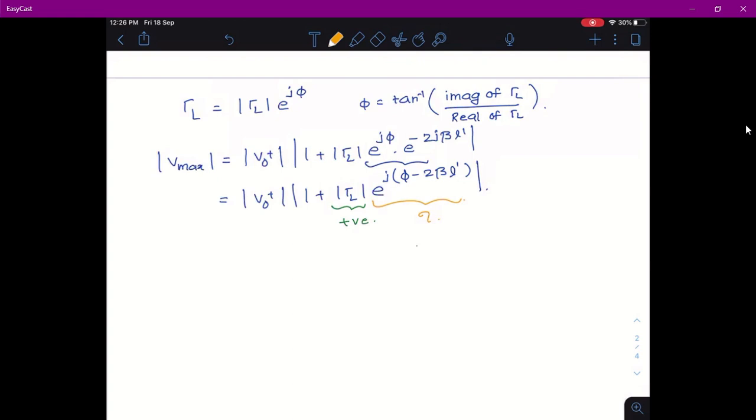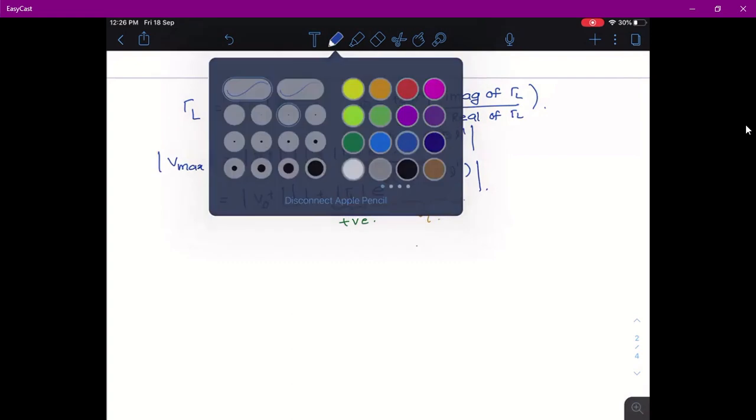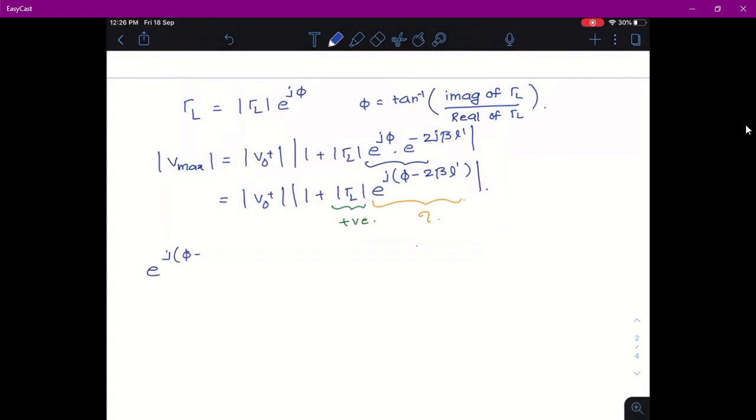Okay. So, e raised to j(phi minus 2 beta L dash) has the maximum value of 1, because this is cos of (phi minus 2 beta L dash) plus j sin of (phi minus 2 beta L dash).